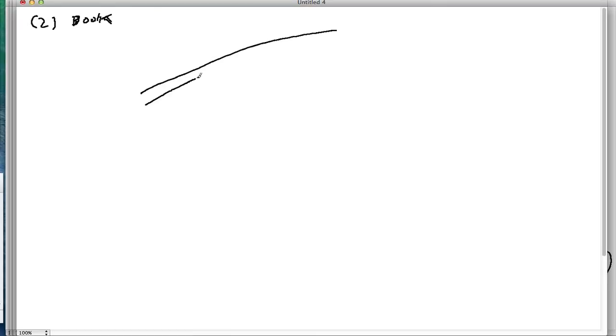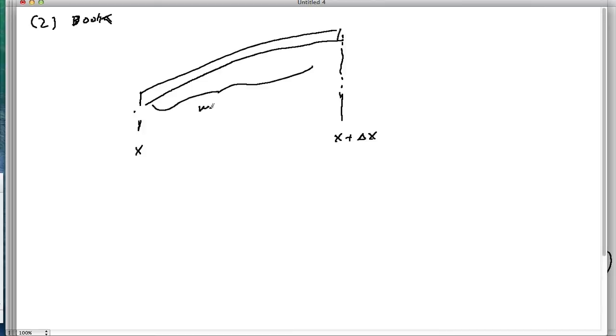So here's our continuum string, and we're going to go from a point x to a point x plus delta x. The mass on this piece is going to be equal to rho of x times delta x, just like before.